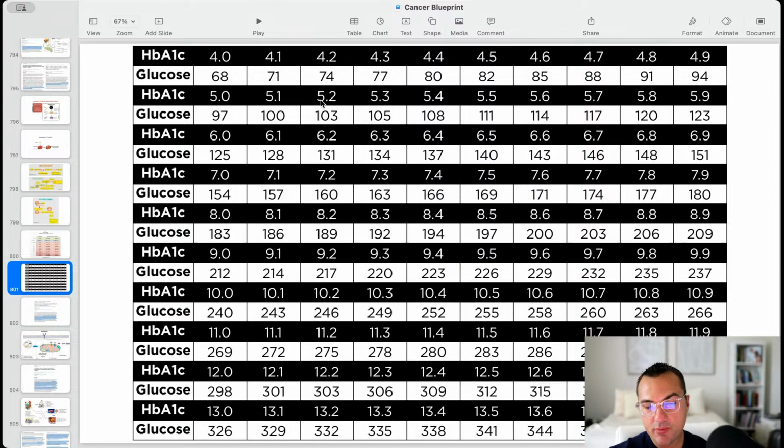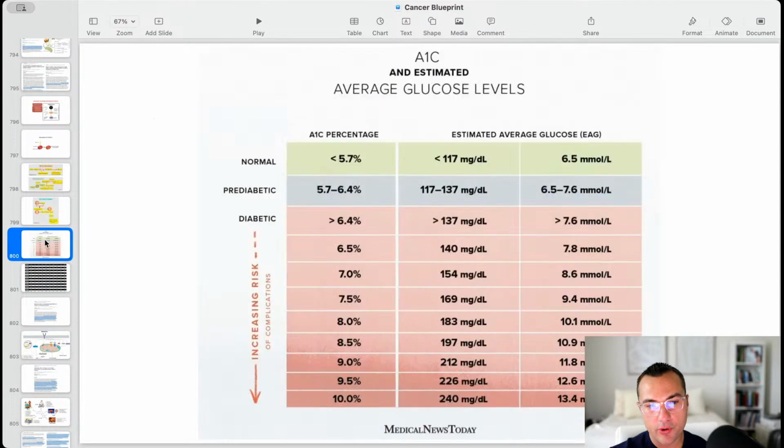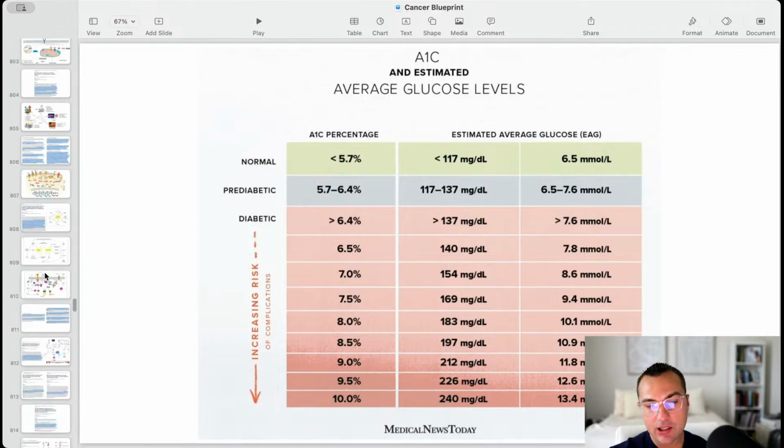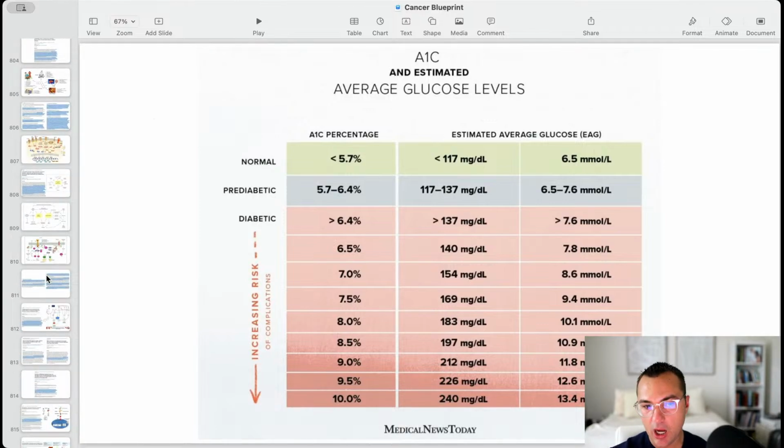Do I believe it should be used as a standalone? These papers are looking at berberine in a standalone fashion, right? Not berberine plus exercise, not berberine plus sun exposure, not berberine plus red light therapy, not berberine plus anything else, right? It's just berberine by itself, and it has profound effects.